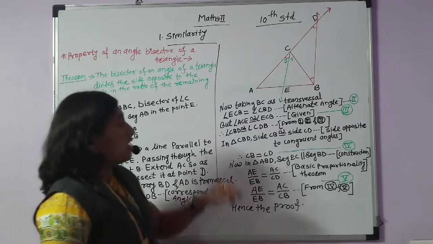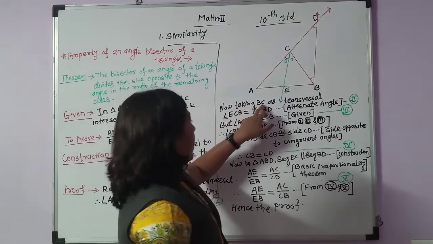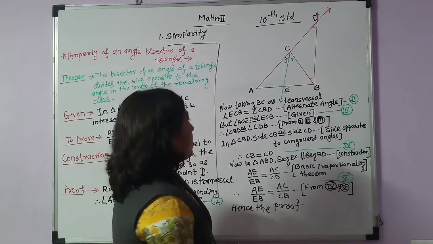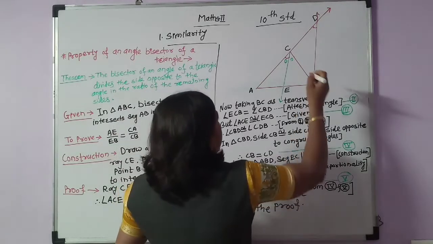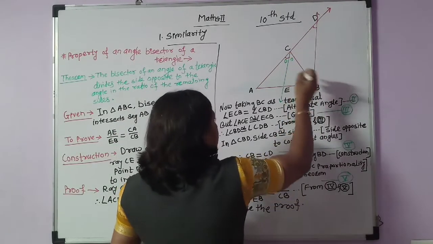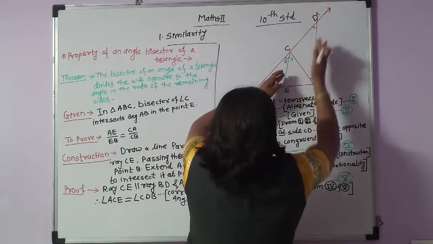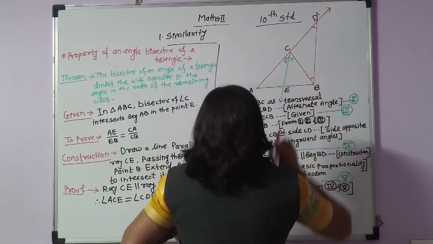Okay. Now taking BC as the transversal. In the second case, we take BC as the transversal of those two parallel rays, CE and BD.